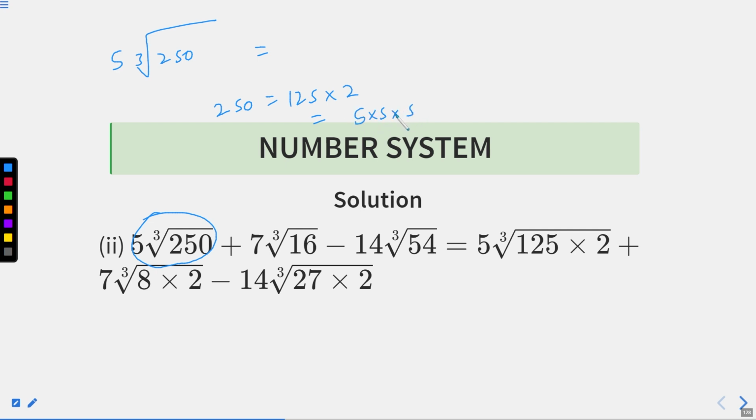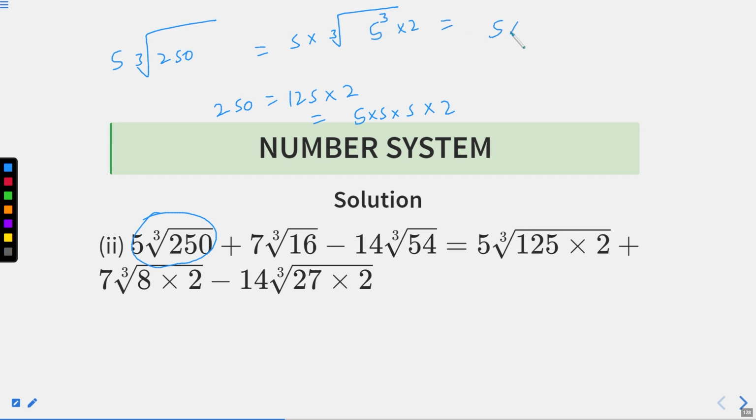So 5 times cube root of 5 times 5 times 5 times 2, which I can also rewrite as 5 cubed.